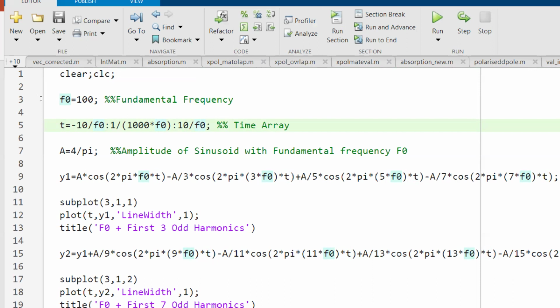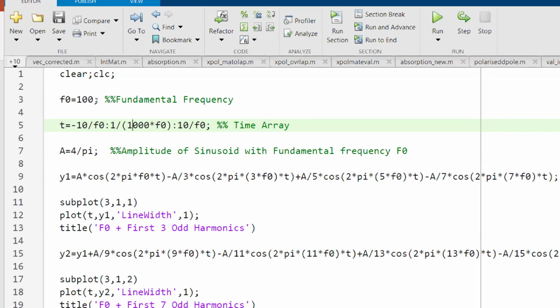Here you can see this is our time array, in which we give the starting value, the ending value, and the step size. I have taken the step size equal to T naught divided by 1000, so that this value is sufficiently small and we get a very good plot.